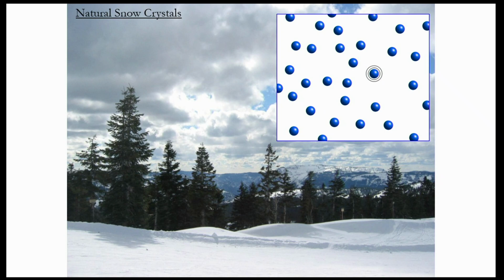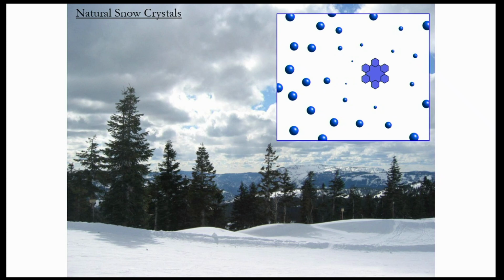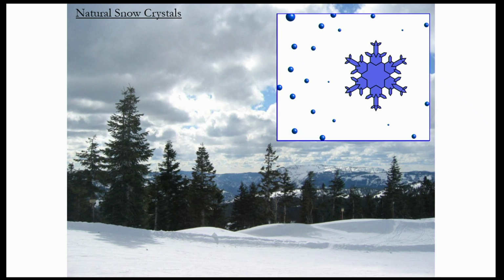So one of them will freeze at some point, and when it freezes, it starts to grow by absorbing water vapor around it, and that depletes the air of water vapor, and that causes the other droplets to evaporate. And then as it grows, more droplets evaporate, and the crystal grows until it's big enough that it falls. It takes about 100,000 droplets evaporating to make one snow crystal.